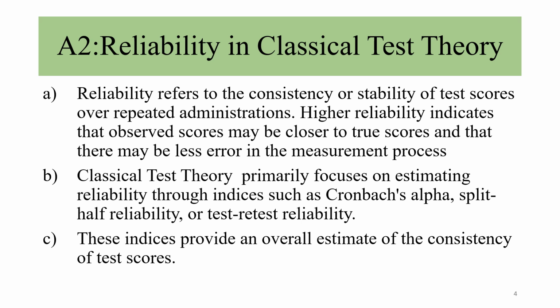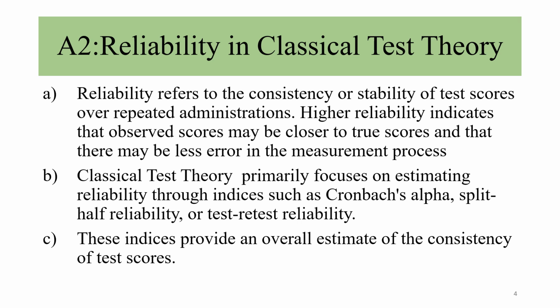For example, if we measure the temperature of a person thrice in a short span of time and get the same or similar readings, then we can say that the thermometer has reliability, or the readings, or the temperatures have reliability.